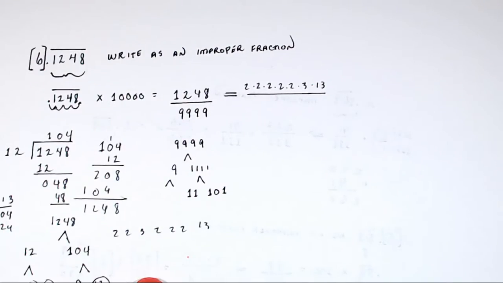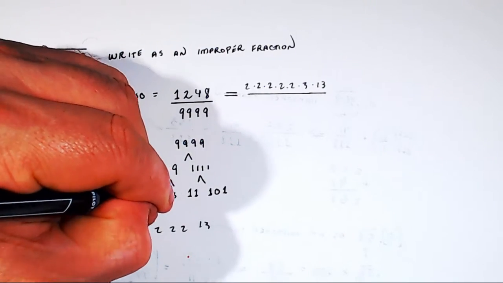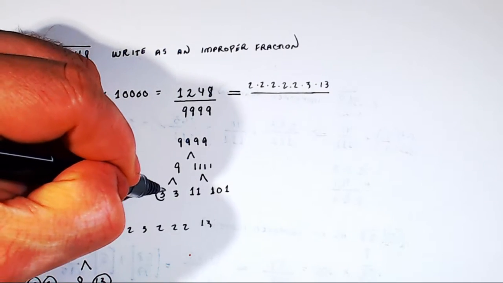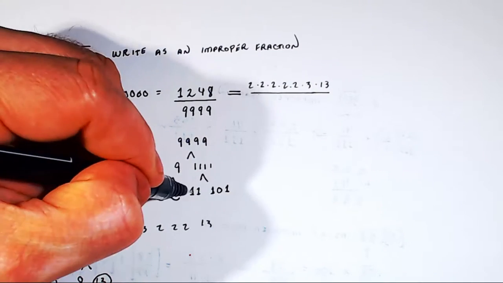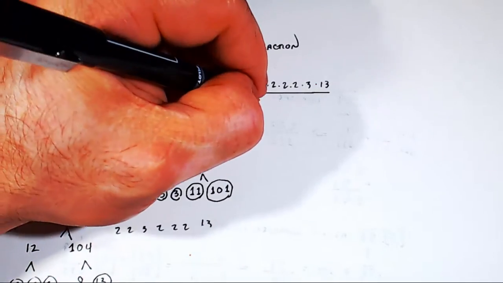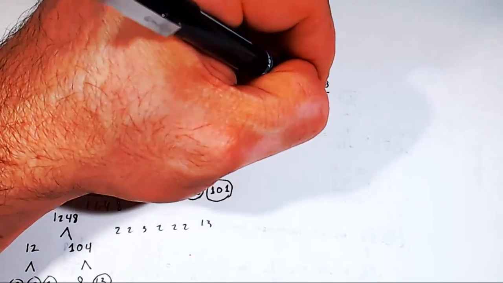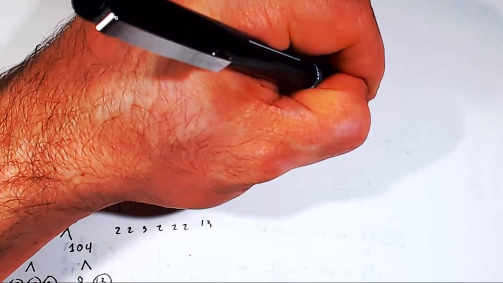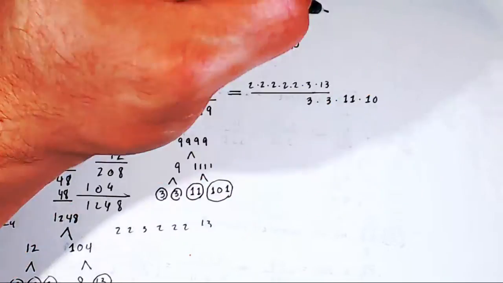Now 9 can be broken down into 3 and 3. So the prime factorization of 9,999 is 3 times 3 times 11 times 101.